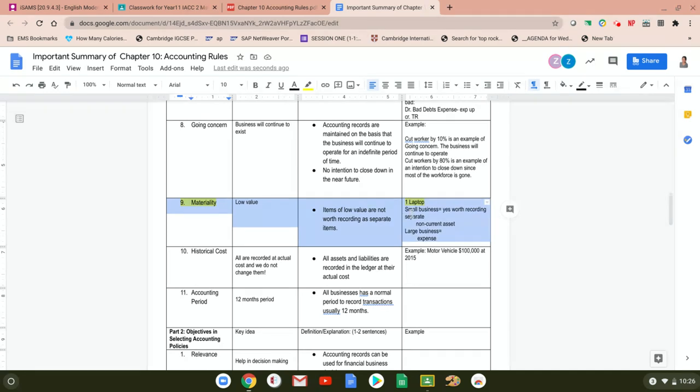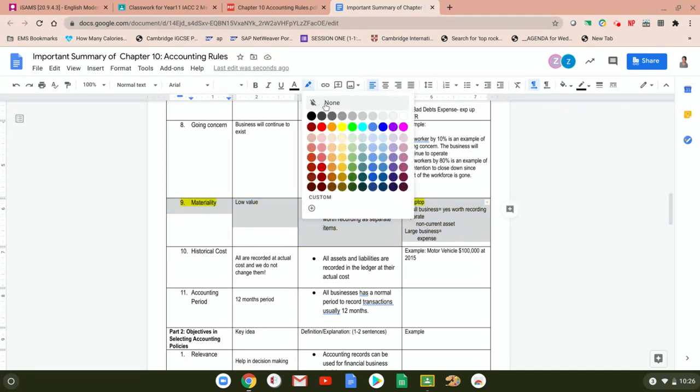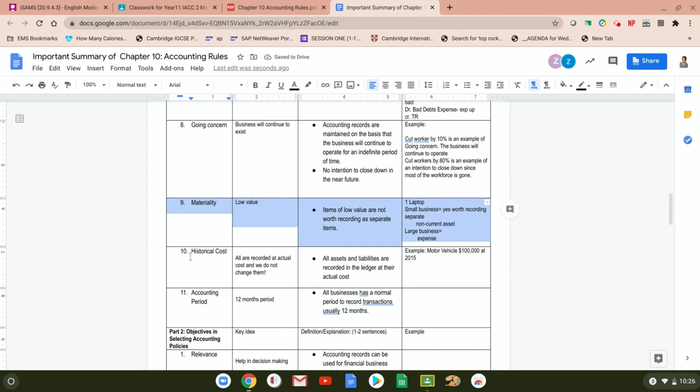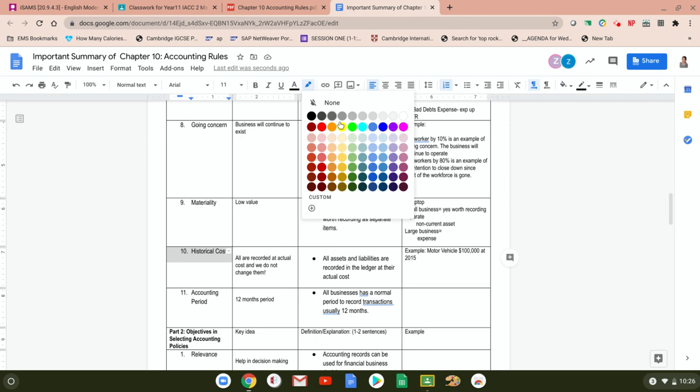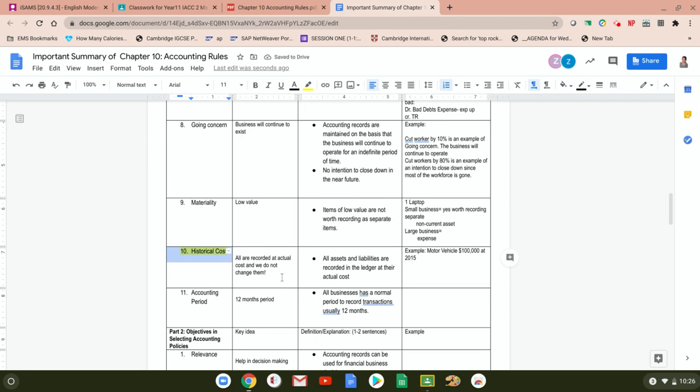The last two. You have your historical cost. In historical cost, we record things at their actual cost. So if you bought the car in 2015, like this one, we record it every single year, it's still 100,000. Now you might think, but the vehicle will decrease its value over time. That is right. We still record the loss in value of the asset as depreciation, but the cost remains the same.